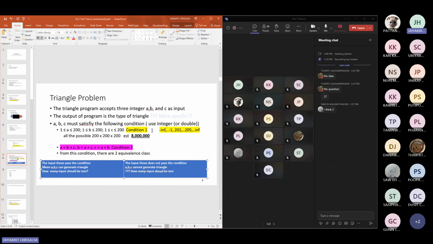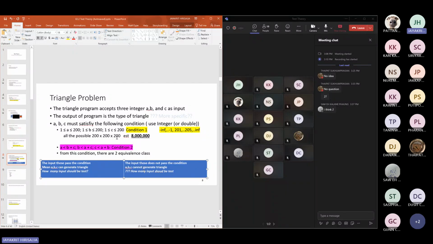If we input something out of this range, what is going to happen? So if A is okay, B okay, and C okay; if A is not okay, B okay, and C okay, what happened? If A okay, B not okay, and C not okay, what happened? Something like this. You need to test that.